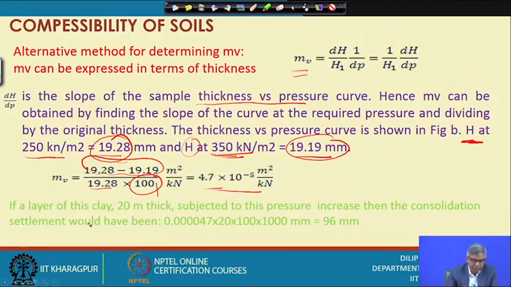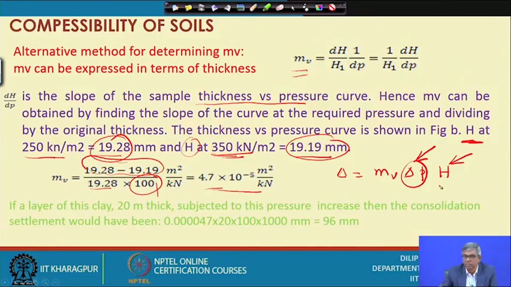Now, if you know mv, for the calculation of settlement, as I have already mentioned, delta will be equal to mv into del P into H. What is the pressure increase, what is the thickness, and mv?